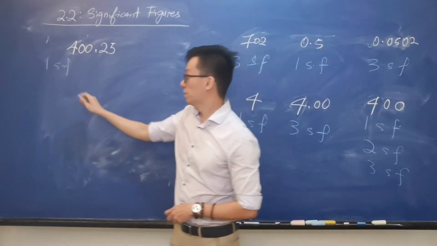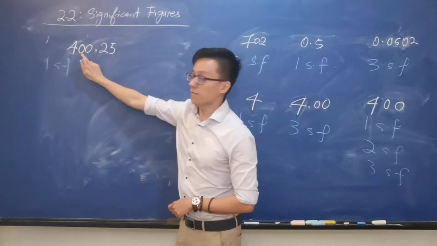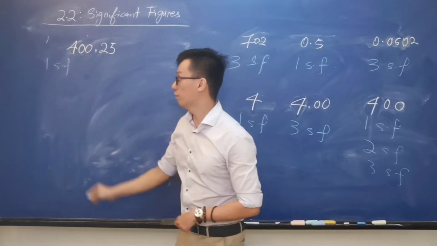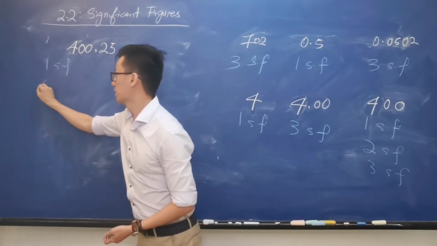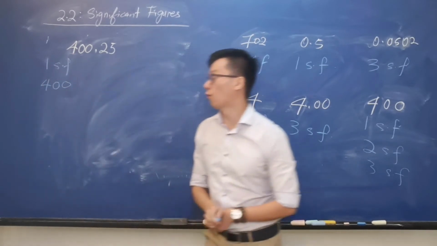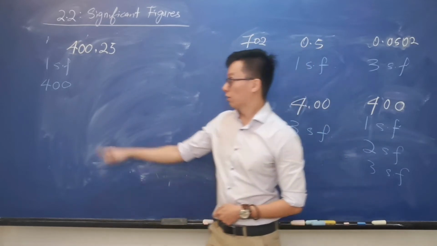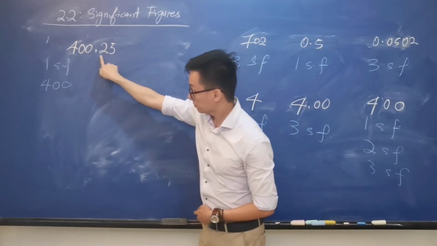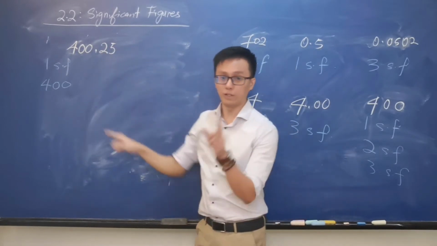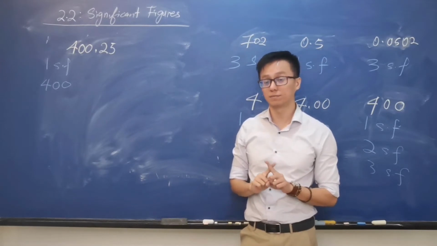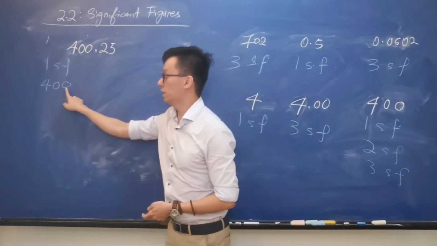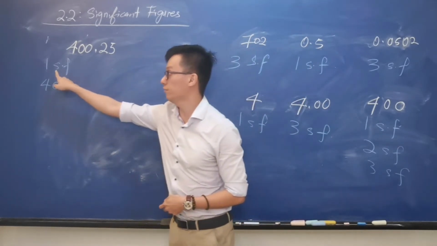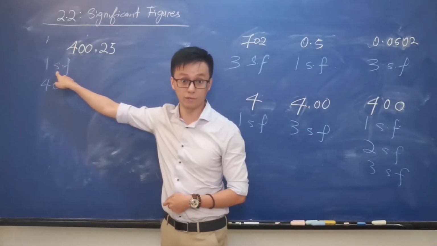So 0 is less than 5, which means this one will remain as 4. So we write the answer in one significant figure as 400. If the 0 is not significant, we don't write it out after here. So these two zeros are considered insignificant because the question only requests one significant figure.